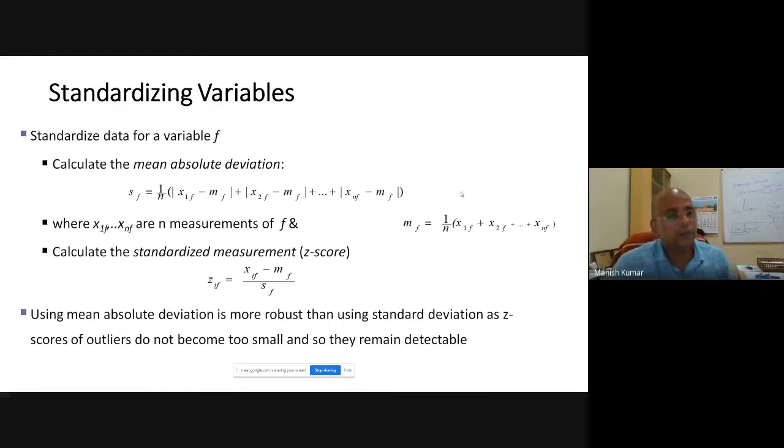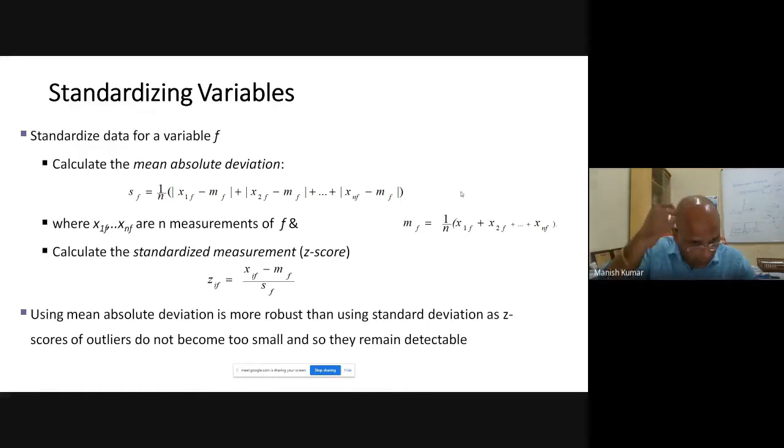In this case we calculate the mean absolute deviation, where the xi's are n measurements and the mean is m, and then we find the z score with this formula.